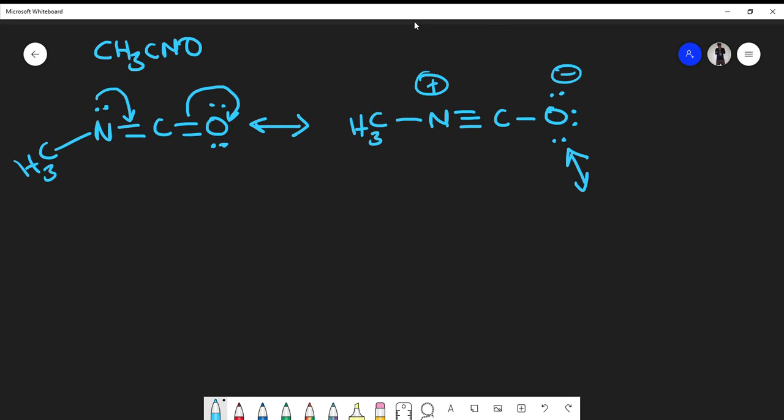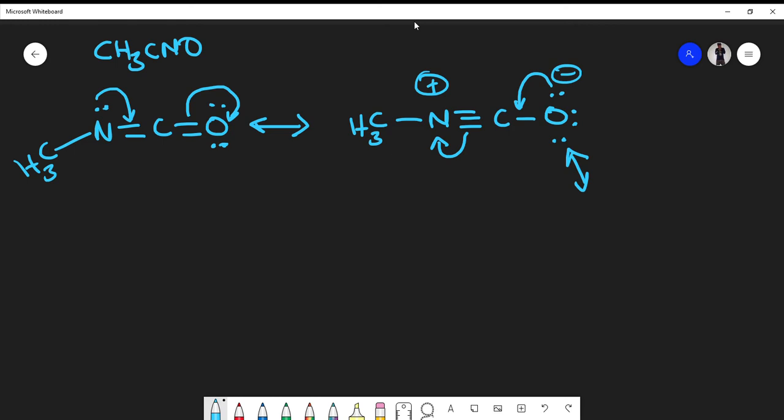And the idea is, yes, we can still draw resonance structures for this compound, right? So I could take this lone pair and form a double bond between the carbon and the oxygen. At the same time, I have to move these electrons in a pair of lone pairs to the oxygen, right? Because carbon cannot have 5 bonds.